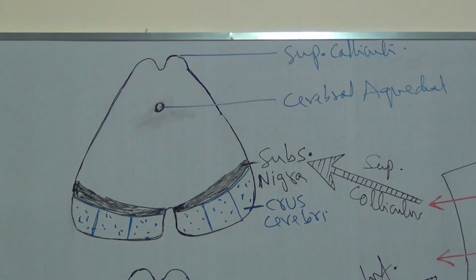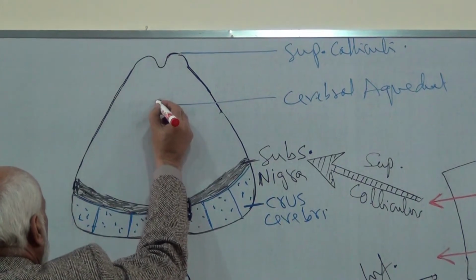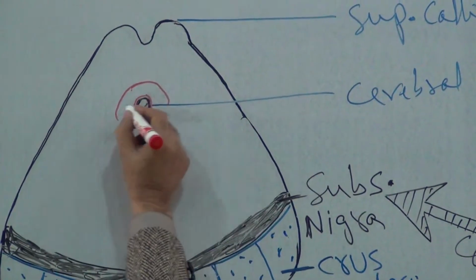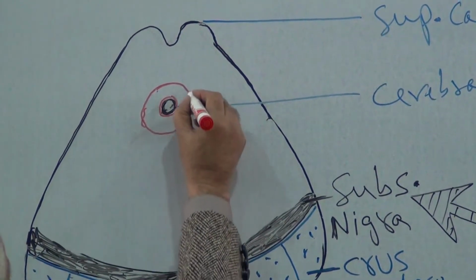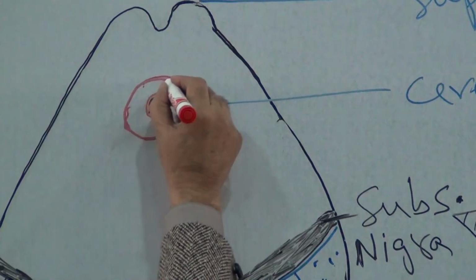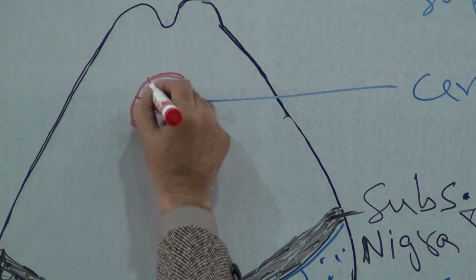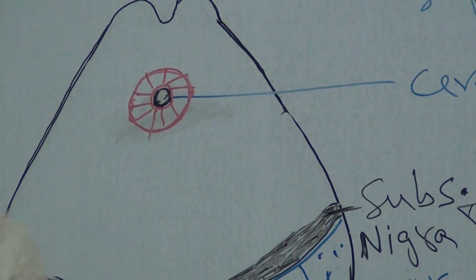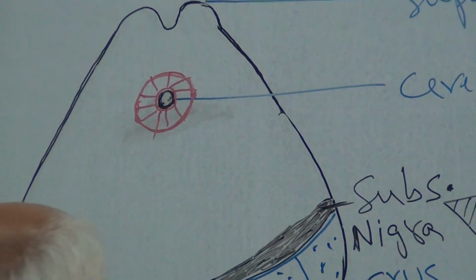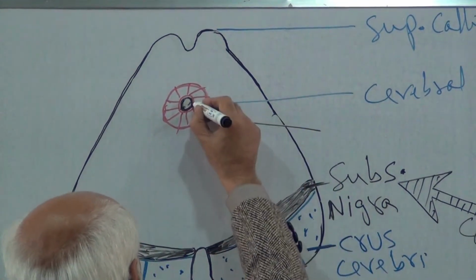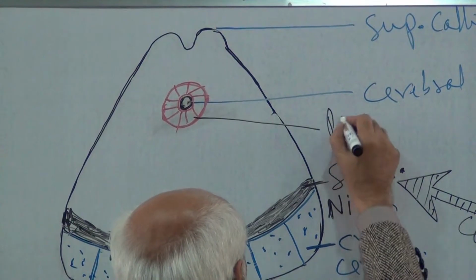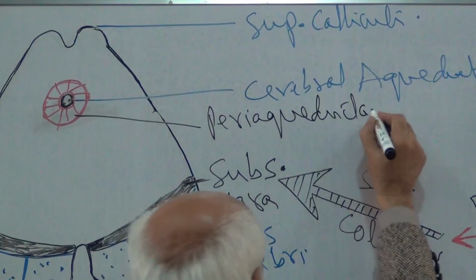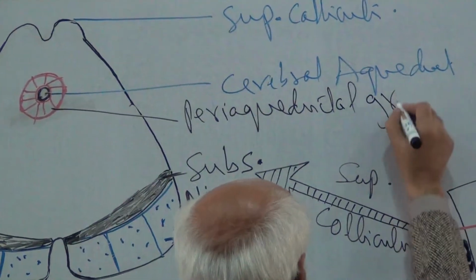Now the cerebral aqueduct is surrounded by gray matter known as the central gray matter or periaqueductal gray matter.